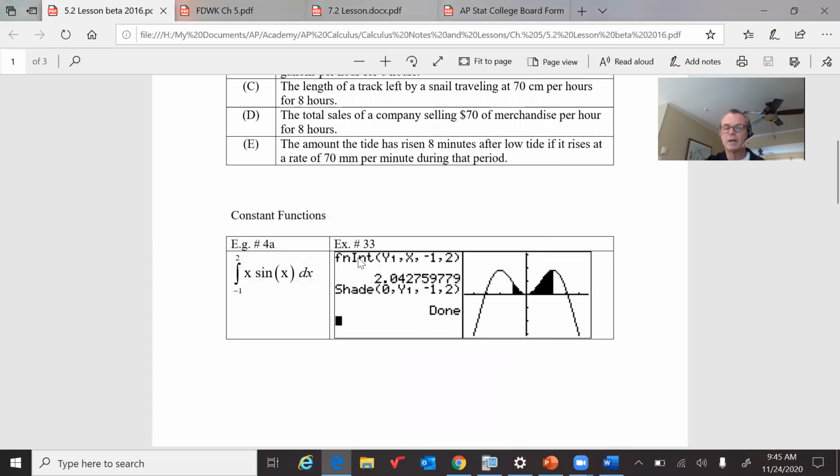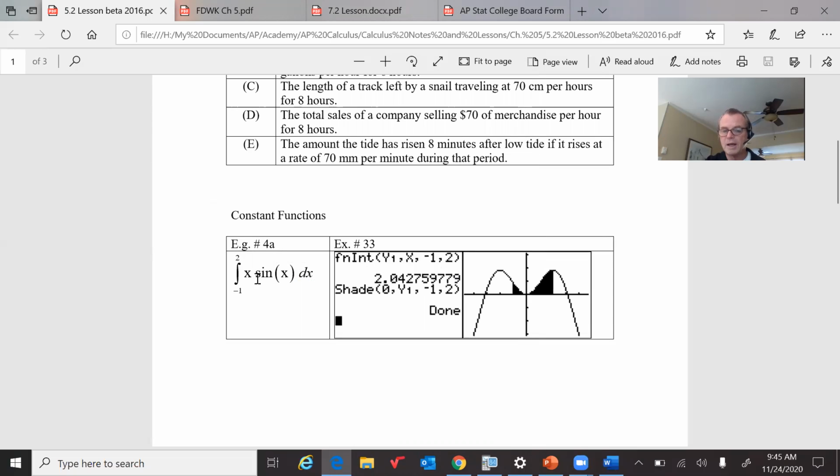If you have an older calculator, this is what you're going to see. So you're going to have to remember what the inputs are. It's not really going in the same order. With the newer calculator, you're putting the limits in first, and with the older calculator, you're putting them in last. So we're going to go Math 9.